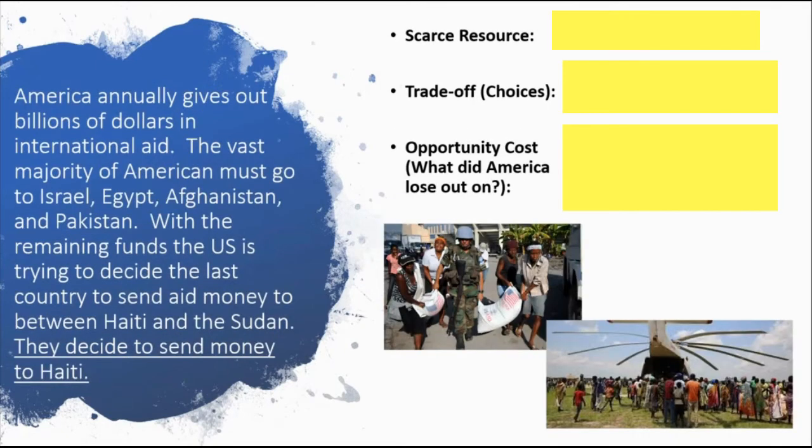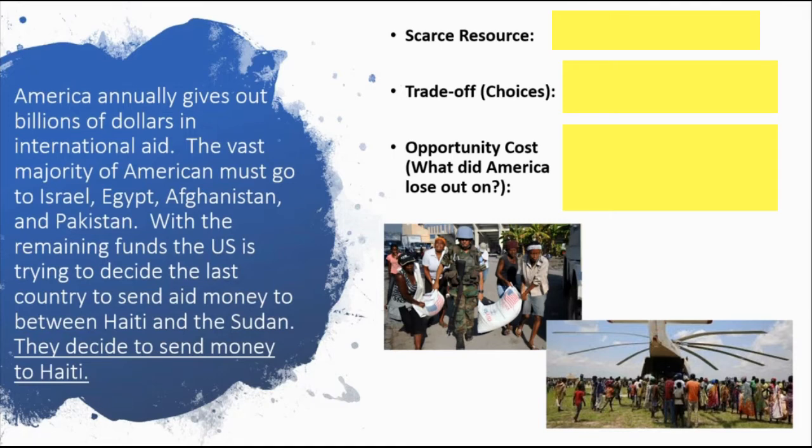All right, scenario 3. America annually gives out billions of dollars in international aid. The vast majority of American aid must go to Israel, Egypt, Afghanistan, and Pakistan. With the remaining funds, the U.S. is trying to decide the last country to send aid money to between Haiti and Sudan.